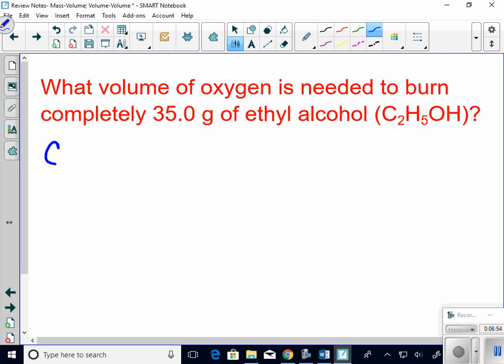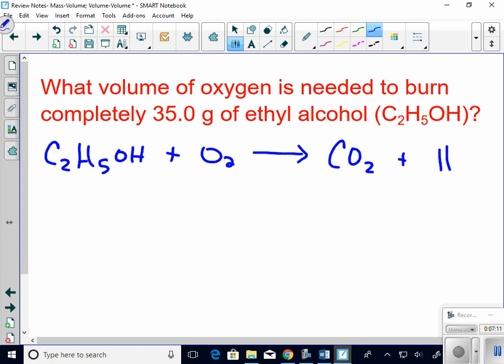So C2H5OH plus oxygen will yield, what are our products of all combustion reactions? Carbon dioxide and water. So all I need to do is balance this out.